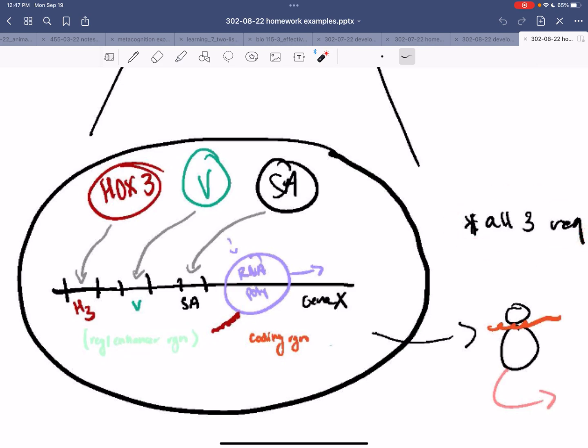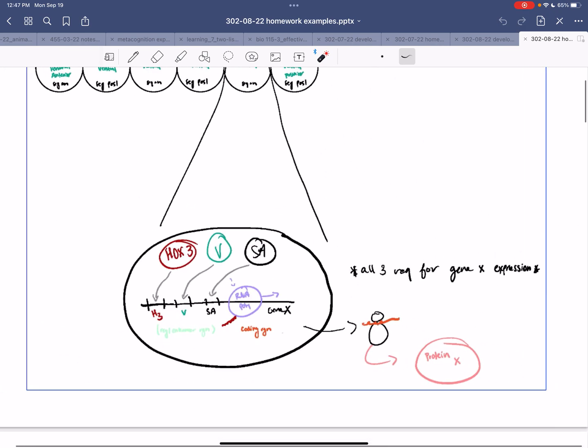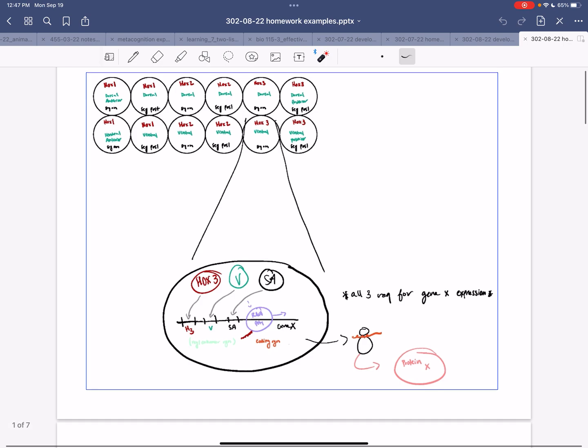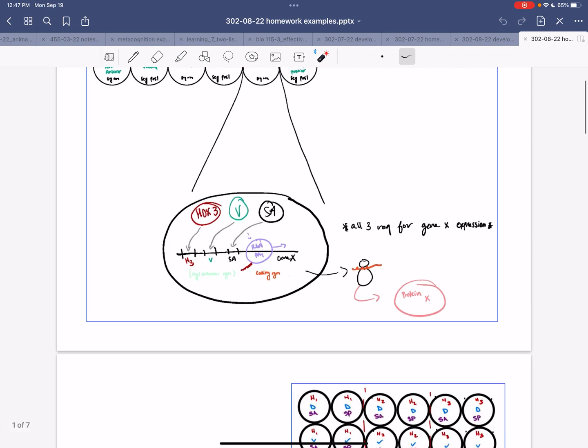So this person correctly listed all 3 as enhancers, all 3 required. That's going to get us protein X. The next one was number 3, to show which cell it would be expressed in, and this same image shows it's only going to be this cell. So that was the first 3.